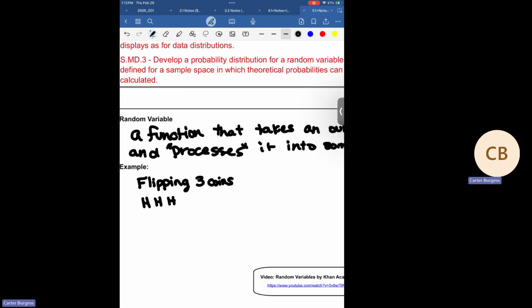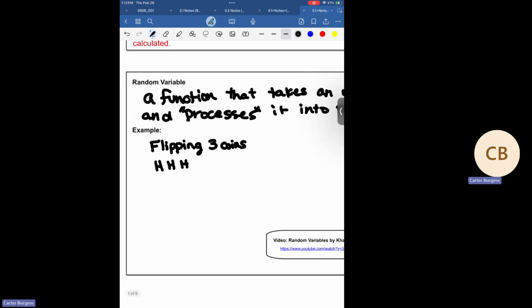I'm flipping 3 coins, I get heads, heads, heads. But how could I maybe process that into something that's usable? What might be a feature of that outcome that I care about? I have confidence in us. What might we look for?